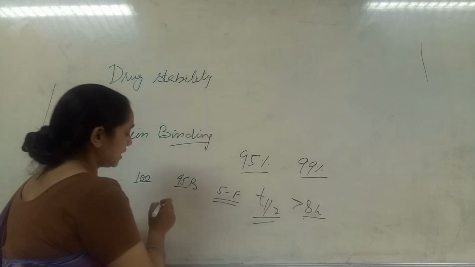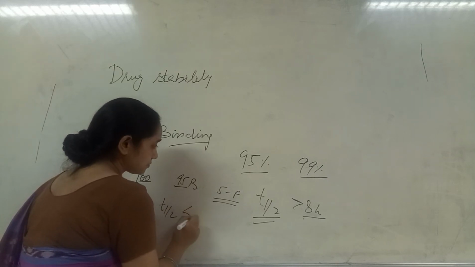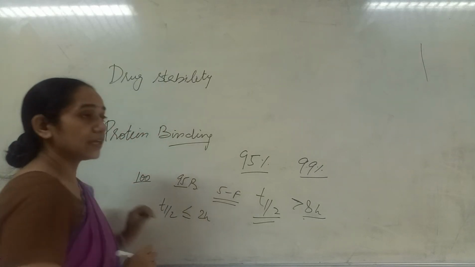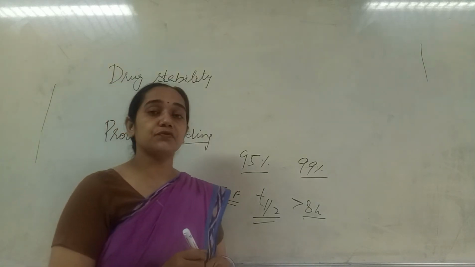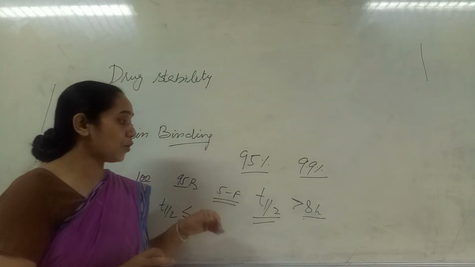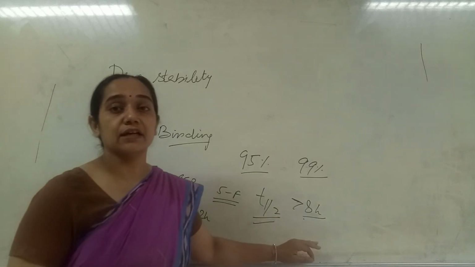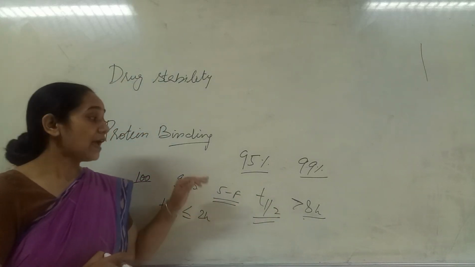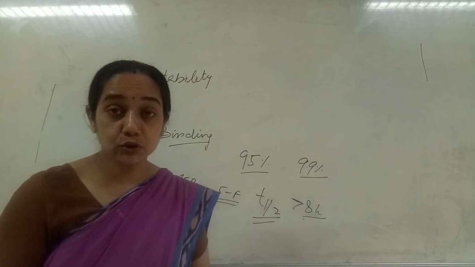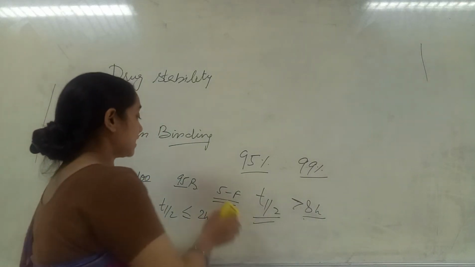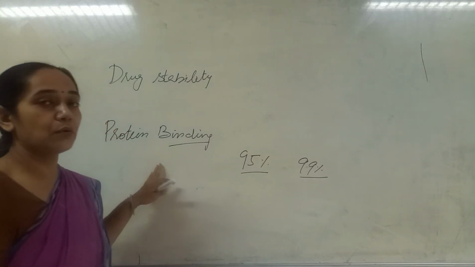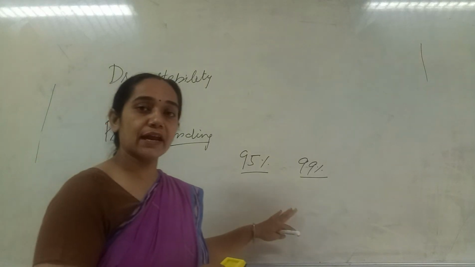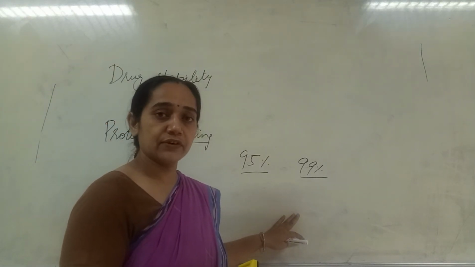And if it has a T half less than 2 hours, then it will also not be a suitable candidate. Those drugs which have a T half between 2 to 8 hours will be suitable candidates, and it also depends on the extent of plasma protein binding. If they are highly plasma protein bound, then they are not suitable candidates for the controlled drug delivery system.